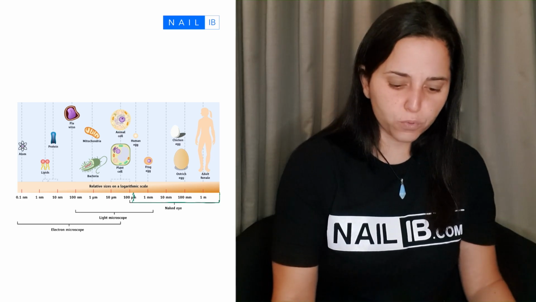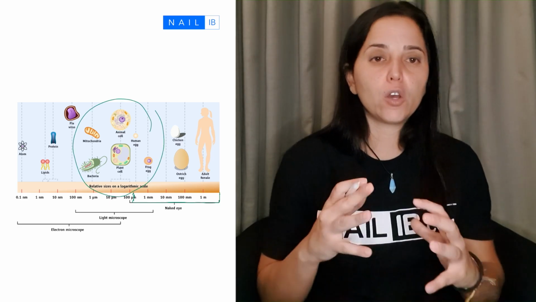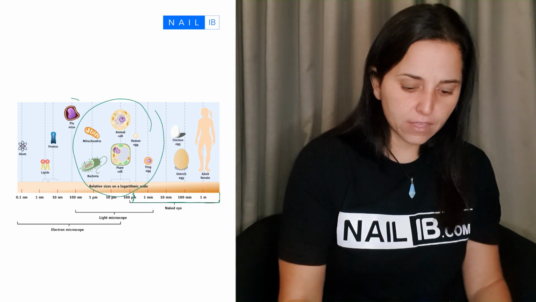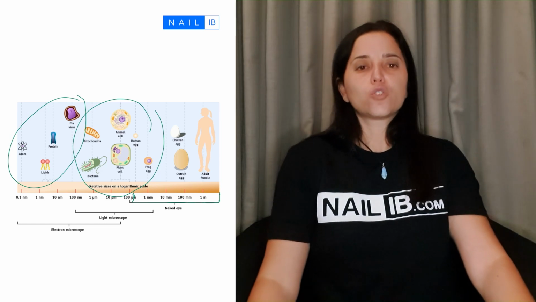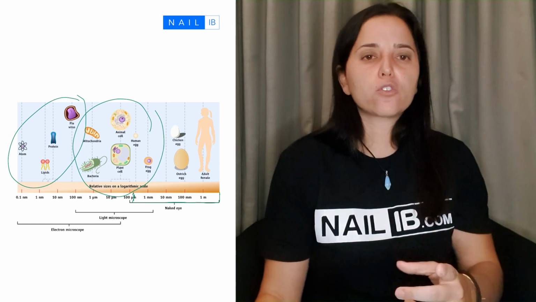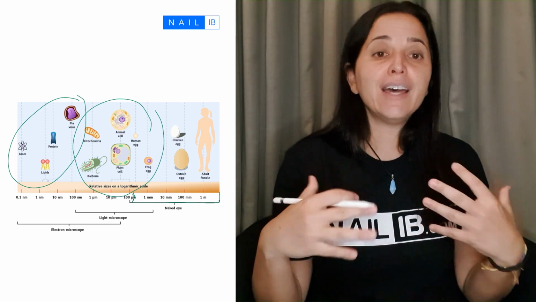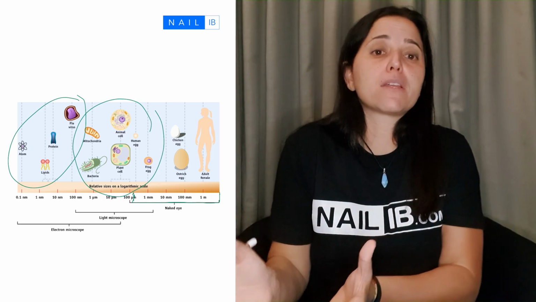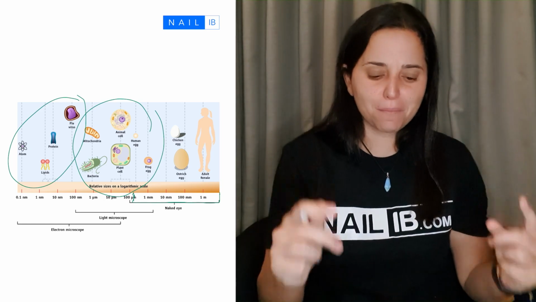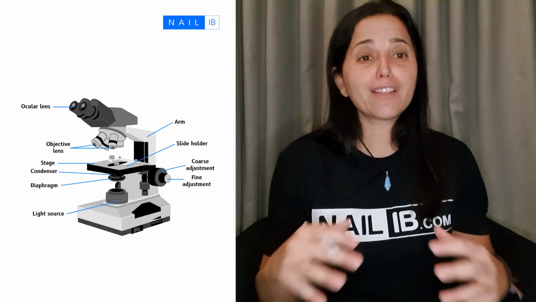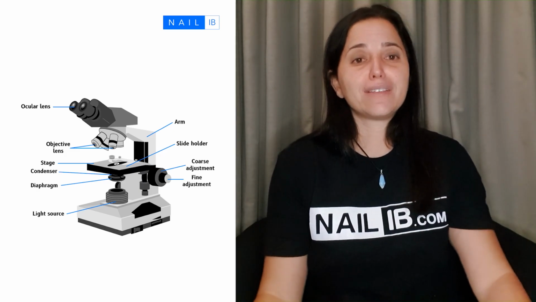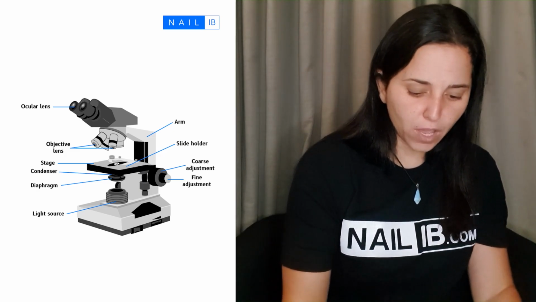You need the light microscope. So for these guys right here, the light microscope will work, and these guys will be the electron. So keep in mind, light microscope is micrometers. Electron microscope, nanometers. Anything above millimeters, you can see with your own eyes. Keep that in mind. So now let's learn how to actually use the microscope. Right here we have the ocular lens.